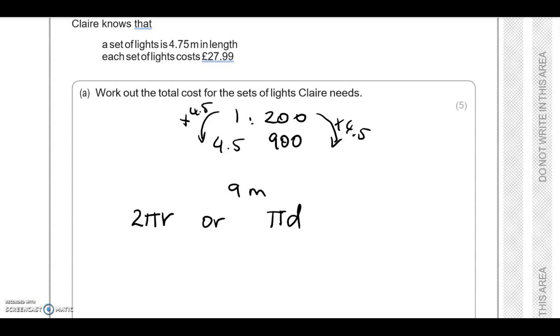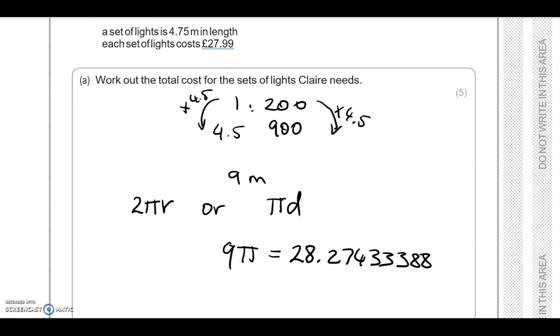Feel free to use whichever. I'm going to use that one. So pi times 9 gives me 28.2743338.